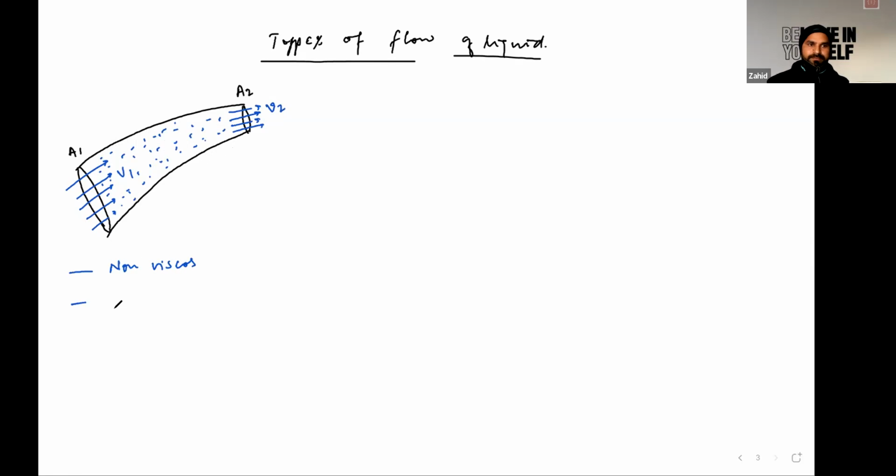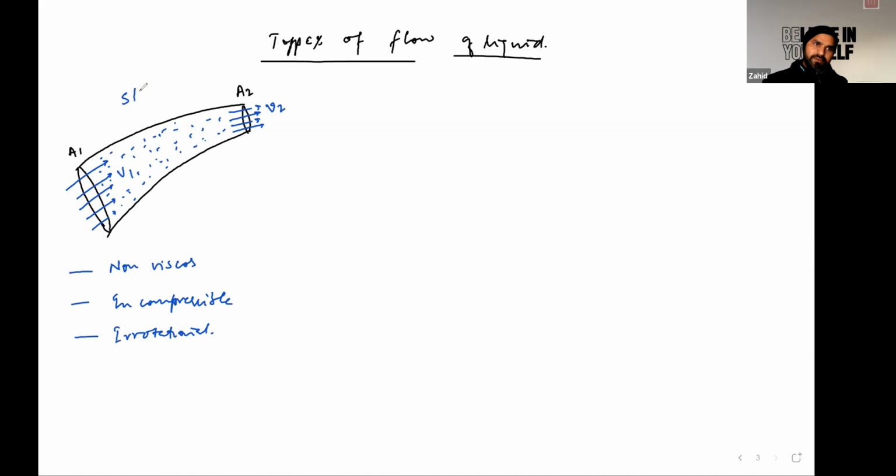Non-viscous, incompressible, and irrotational. Then this particular flow would be possible so that each layer at a particular instant will move with the same velocity.